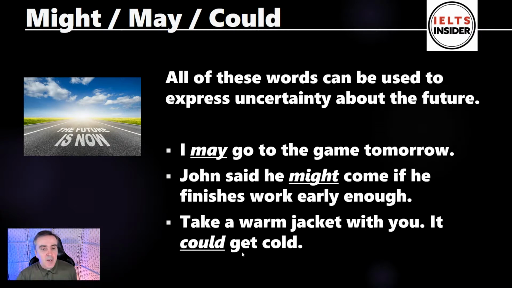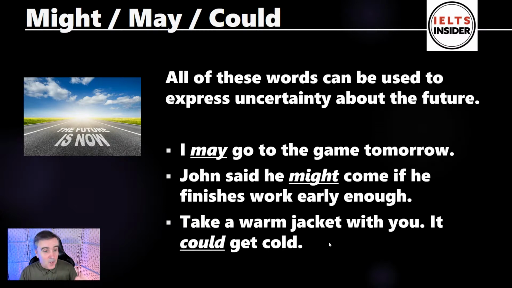It could get cold. Now, I'm not saying it will get cold or it won't get cold. It's just a possibility, something that is possible that is happening in the future. So we're uncertain here, and that's why we use these words. May, might, and could are all used to express we don't know, basically.